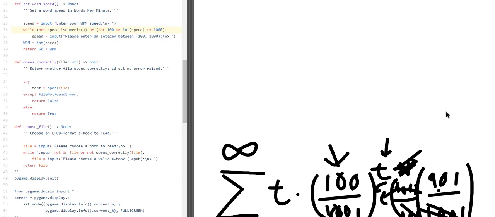Before I write that, I want to move this 9.01 outside.